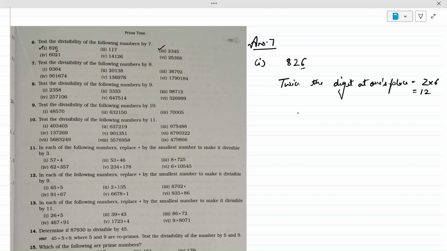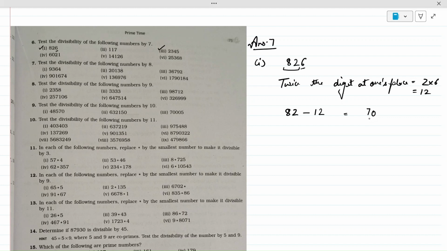And what is the number which is formed by the remaining digits? 82. So from the remaining number 82, we have to subtract this. 82 minus 12, which will give us 70. Right? So we have got this number 70.